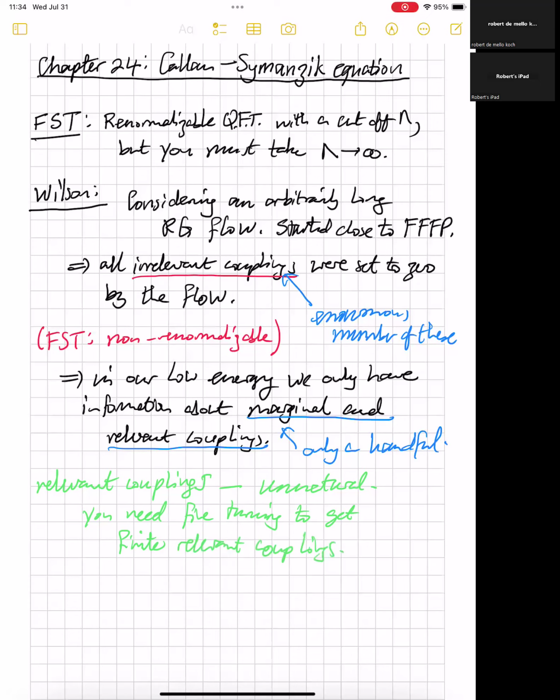So it's only in theories that have no relevant couplings that there is a natural low energy effective theory. Okay, good. So we've just taken the renormalizable quantum field theories. We've described it the way Feynman, Schwinger, and Tomonaga would describe it, and we've described it the way that Wilson would describe it. We'll keep going in a moment.